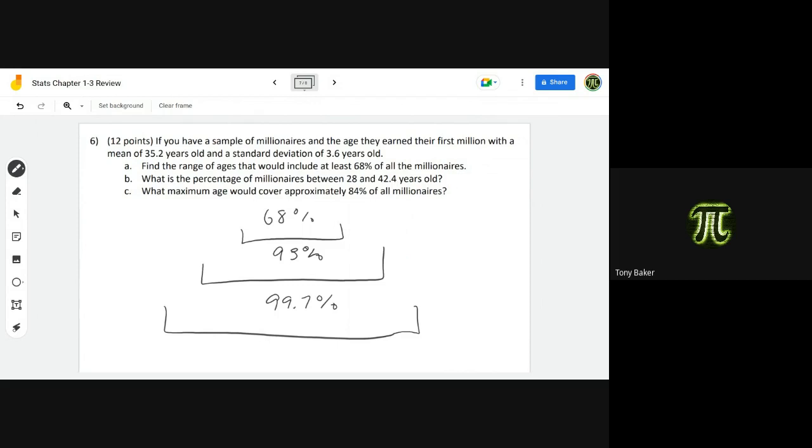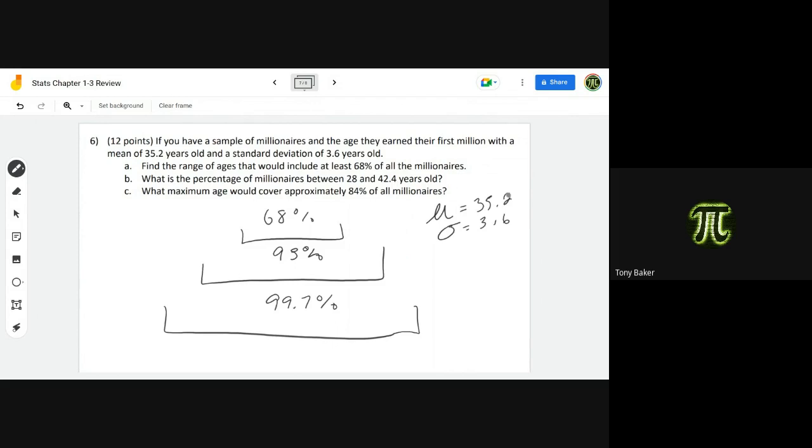So my mean is 35.2, and my standard deviation is 3.6. So we're going to add and subtract from that.